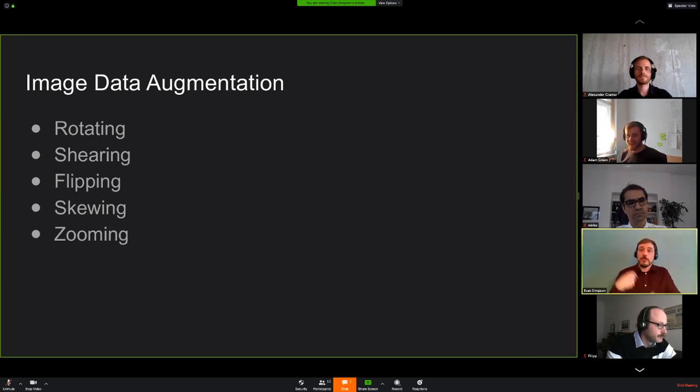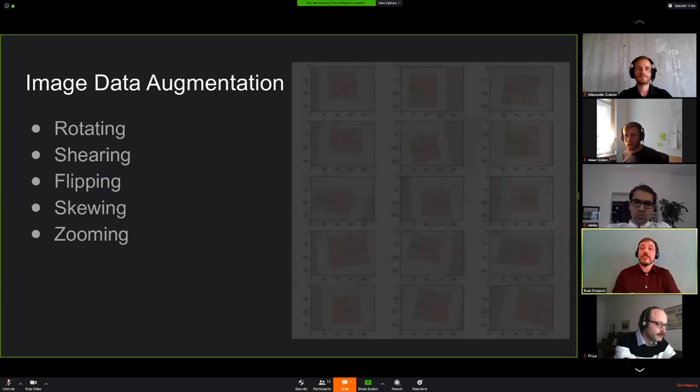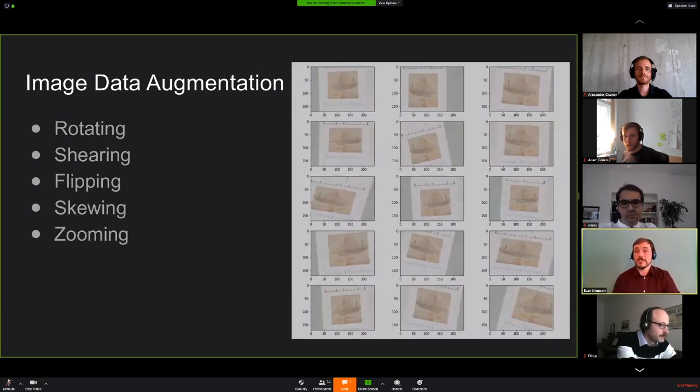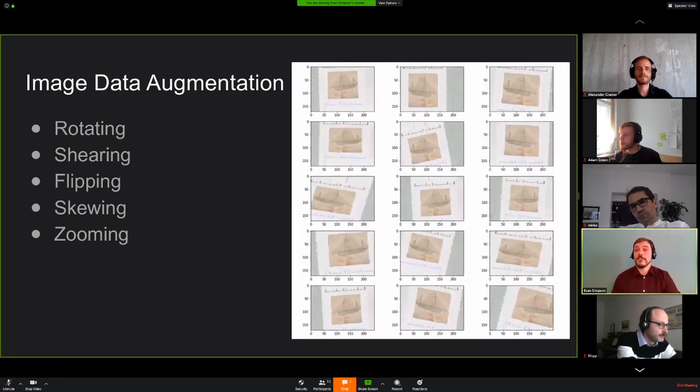The good news, though, is that in order to generate more data, I used image data augmentation, which means you take the cover, you rotate it slightly, you shear it, you might flip it, you skew it, and you zoom in on it. And this is what it ends up looking like. So for one book, I ended up getting 15 different versions of that same cover, which basically multiplied my data set substantially.